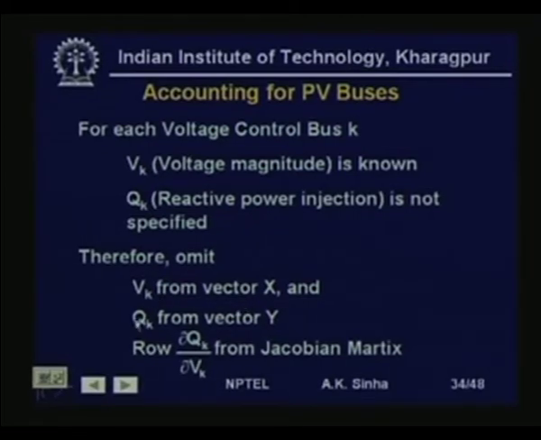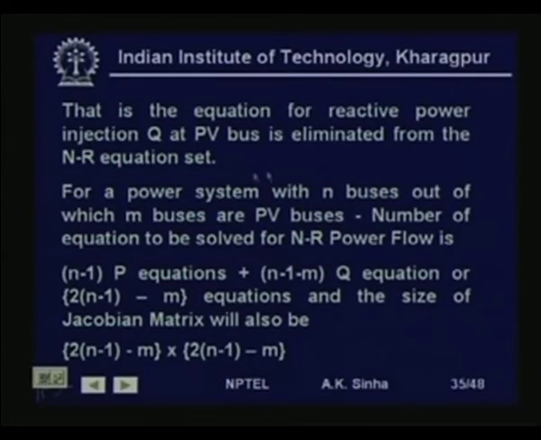So, since q is not known for those bus bars, there is no equation for q, and therefore, the row of the Jacobian matrix for q for that bus is eliminated, and we do not need to calculate V for that particular bus. So, V k from the vector x, q k from vector y, and del q k by del V k from the Jacobian matrix are eliminated, and what we get is fewer equations.